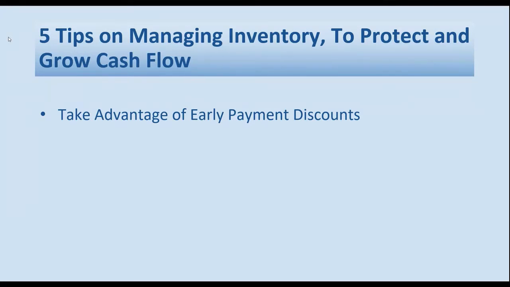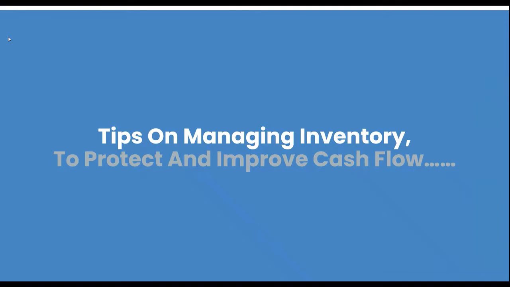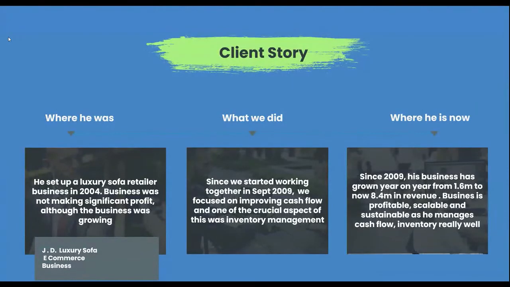Are you able to offer me a 2.5% or 3% discount from the invoice? Mostly the supplier would say yes, because they are getting the cash as soon as the invoice is raised, and they have financial commitments in their business. As a result of that, this business saved 48,000 a year just by using this strategy.